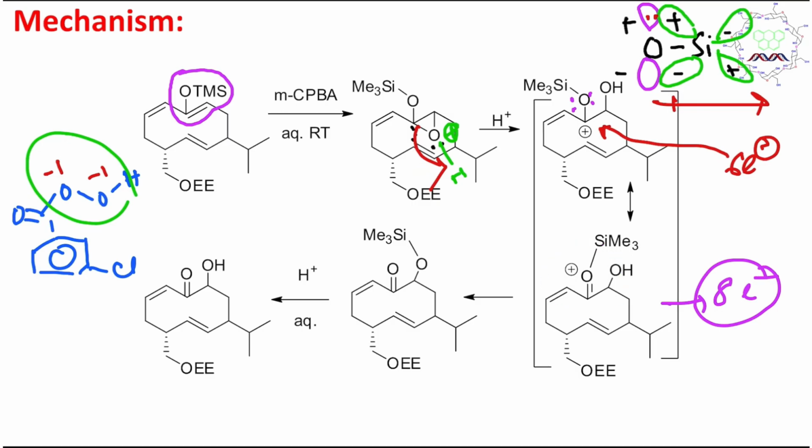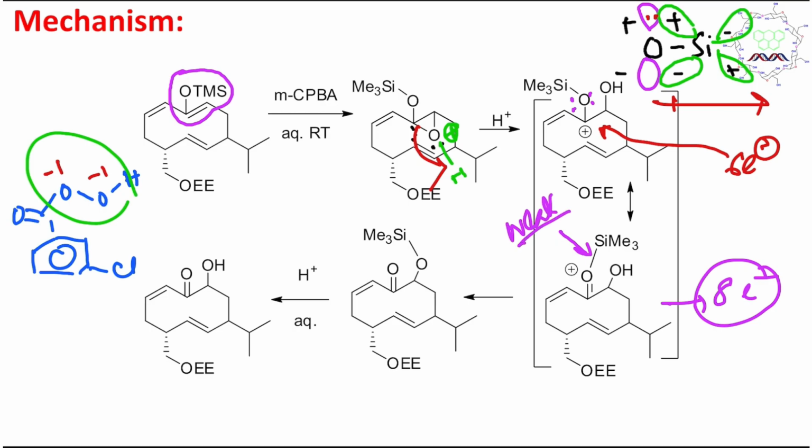Now look at here. The oxygen atom which was bonded to silicon now has a positive charge. Positive charge simply signifies the deficiency of electrons. So this oxygen is electron deficient. Consequently this oxygen-silicon bond becomes a little bit weaker.